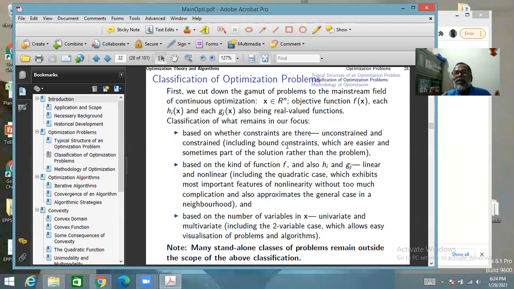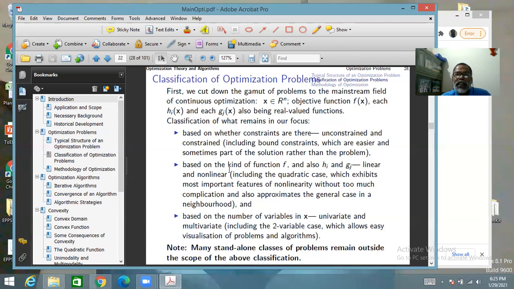But bounds are easier to handle. And sometimes at the time of solution, you prescribe some bounds, which is the region of interest in which you are looking for a solution. So that typically falls in between in the scale of difficulty level regarding constraints.